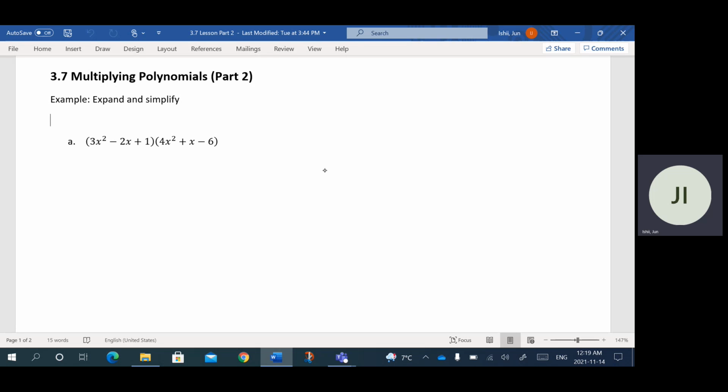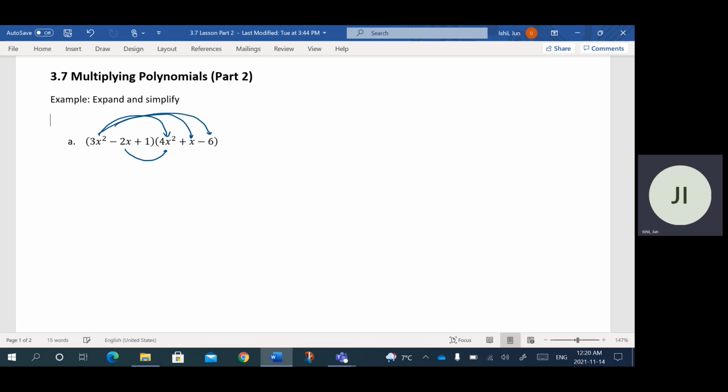In the previous video, we did 2 by 2, so 2 terms times 2 terms, and we also did 2 terms times 3 terms. Now we're going a little further down the road, and we're doing 3 by 3. The key thing when multiplying 3 by 3 is that we need to match all of these up. 3x squared is going to get multiplied with each one of the terms in the second set.